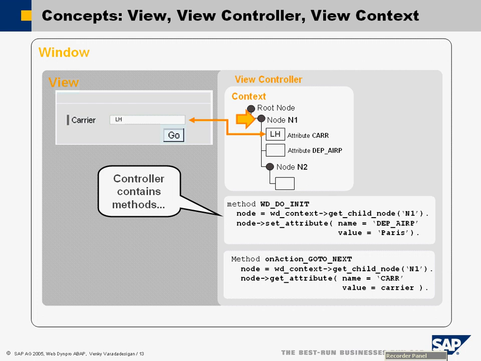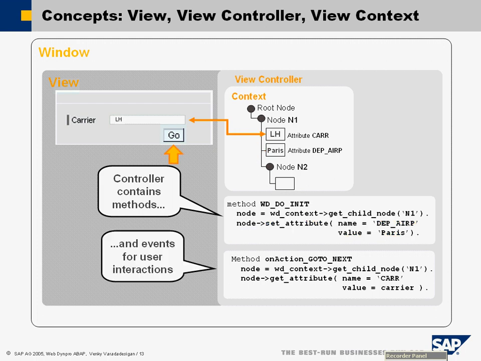Do init is triggered when the Web Dynpro is initialized for the first time. So here you can write your ABAP code to get hold of a specific node and also, for example, set some initial value to one of the attributes, which will be visible on the screen when the screen is shown. For example, you're setting the airport code to a value.